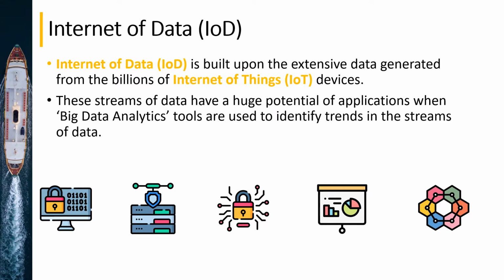Next, we have the Internet of Data. So Internet of Data is built on the immense amount of data generated by IoT as well as IIoT. As you might be well aware right now, the Internet of Things will have billions of sensors around the world, and they will generate massive amounts of data. So we need to come up with a method of collating that data using big data analytics, which is basically using analytic tools to exploit and understand patterns in a large quantity of data.